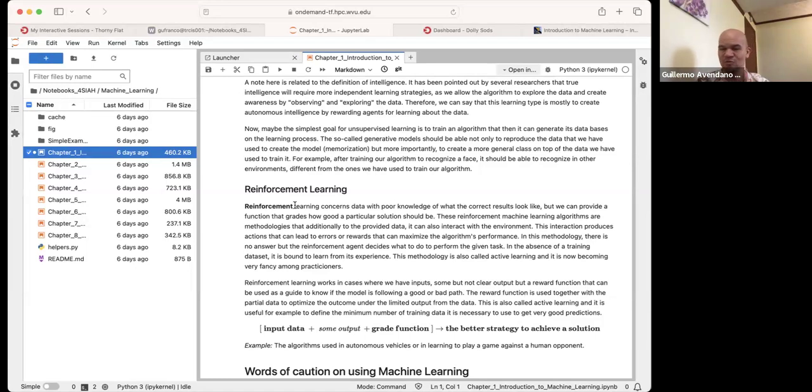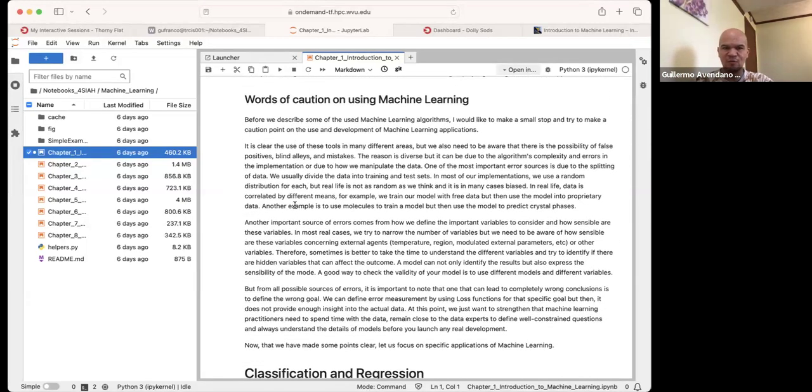That is used in self-driving cars, and when people try to teach computers to play games, Go, chess, all those things. There are several methods for that, but one case where that is applied is reinforcement learning.